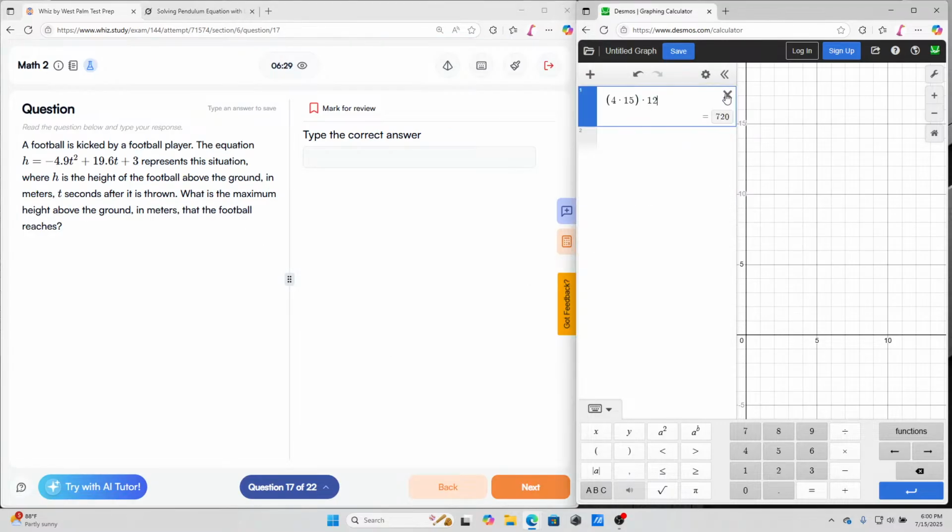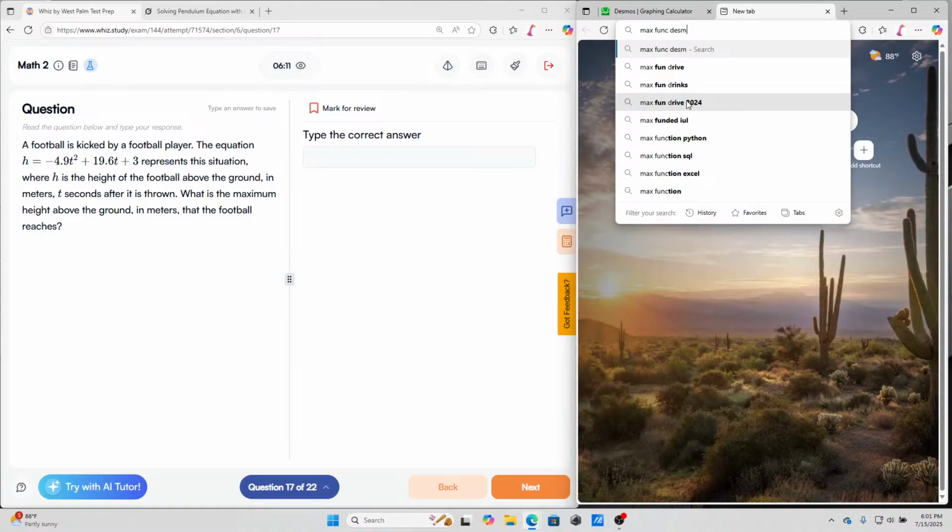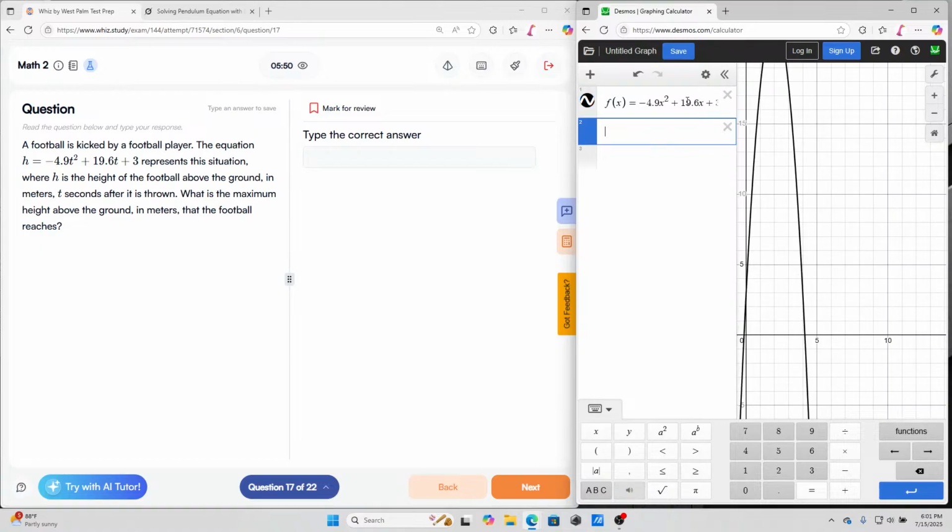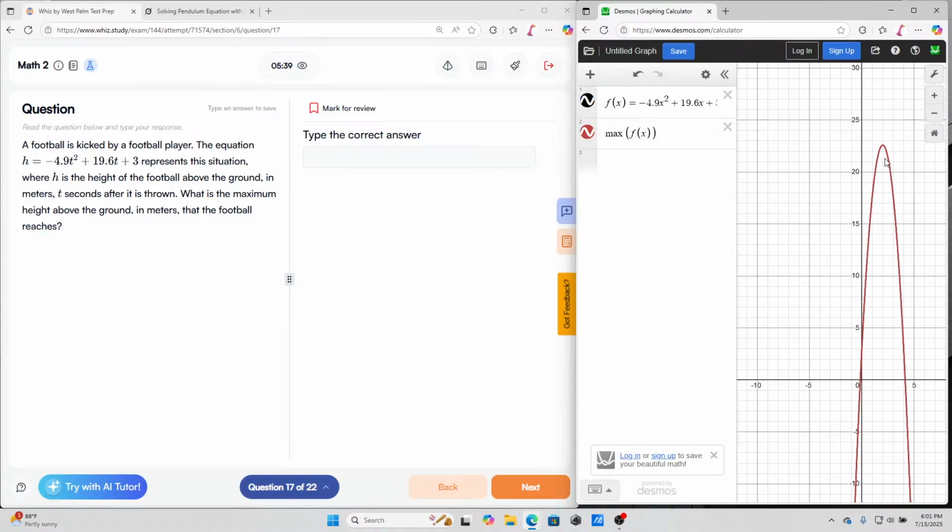Football is kicked by a football player. What does that even give me?